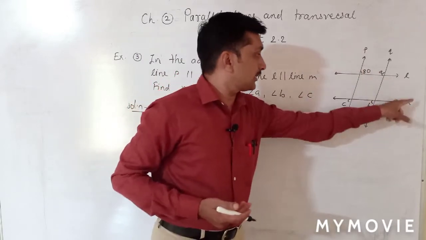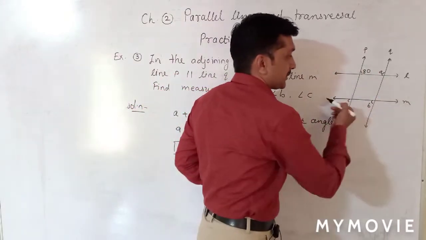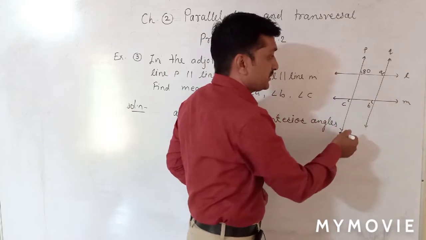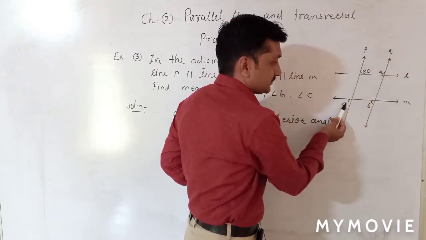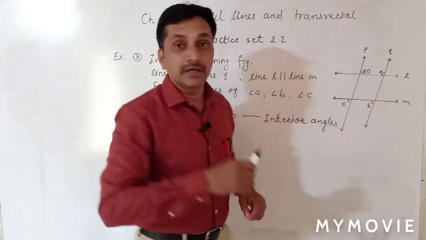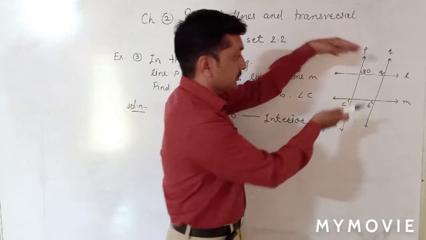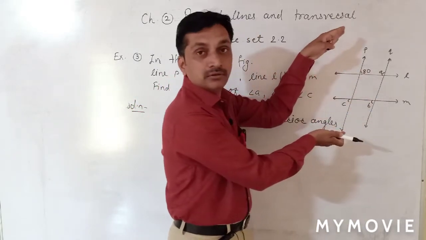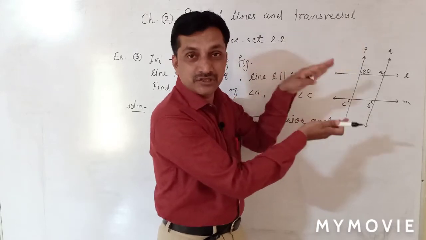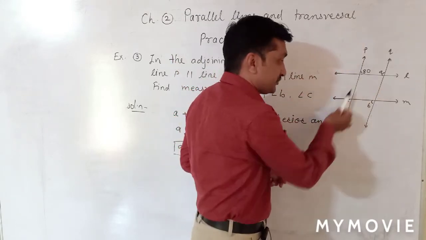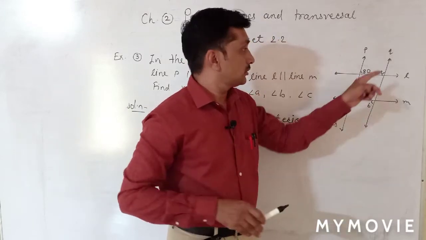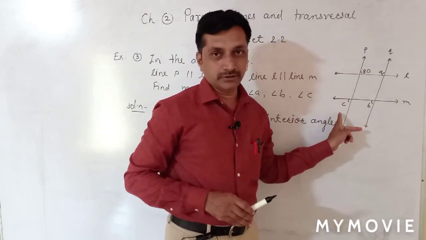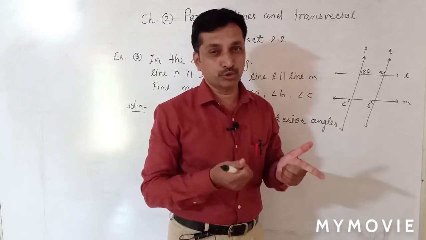If L and M are parallel, and if we consider P as the transversal, then you see 80 is here and C is here. They are outside the parallel lines, out of parallel means they are exterior, and they are on opposite sides of the transversal, which means they are alternate. Exterior alternate angles are congruent.